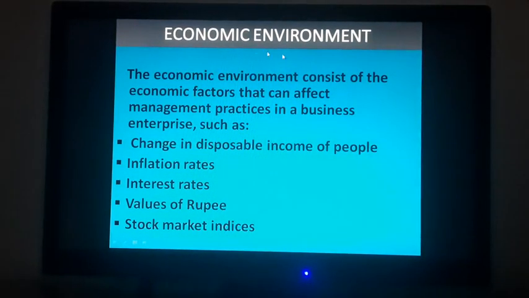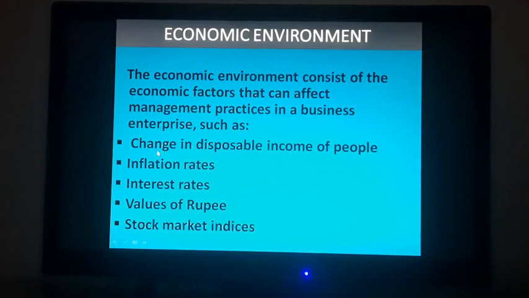The first one is economic environment. The economic environment consists of economic factors that affect the management practice in a business enterprise. Some of them are change in disposable income of people, inflation rate, interest rate, value of the rupee, and stock market indices. If these economic factors change, it will affect our business also.